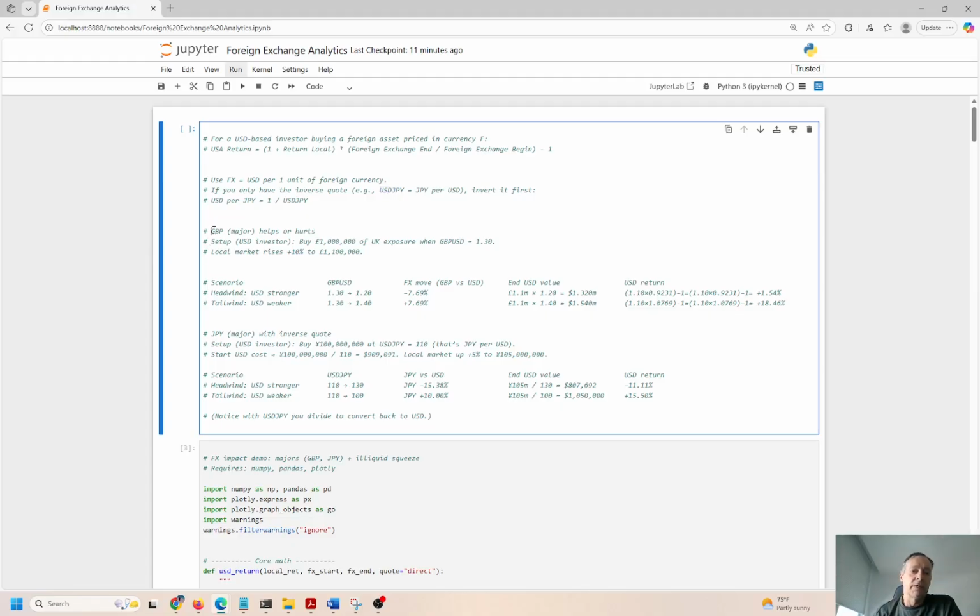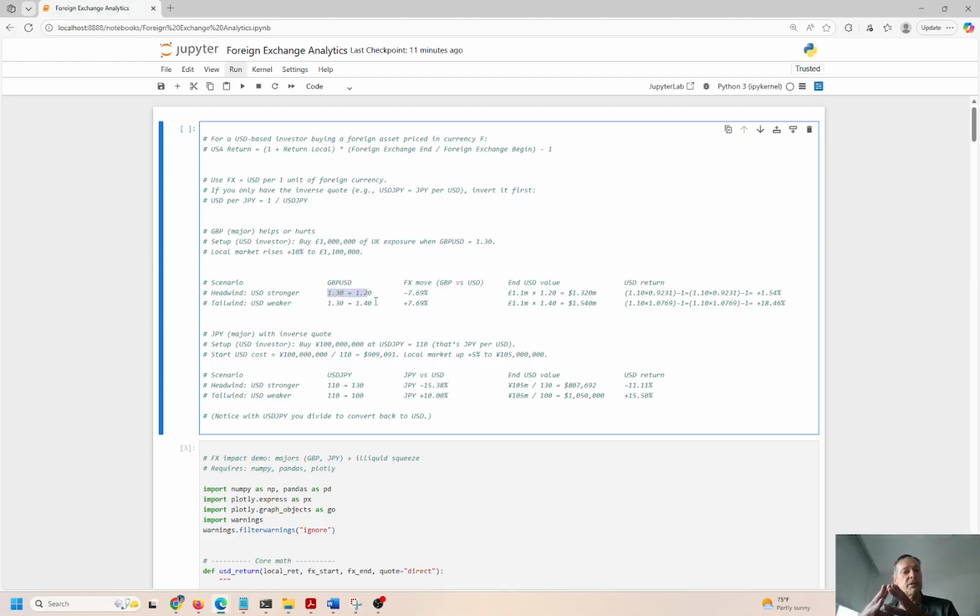So if we're doing a GBP setup by the US investor, we could buy 1 million of British pounds, or UK pounds, Great British pounds, at $1.30. The local market rises 10% to 1.1 million. So we go from 1.30 to 1.20.